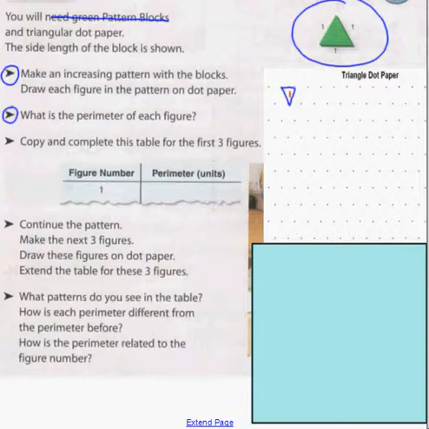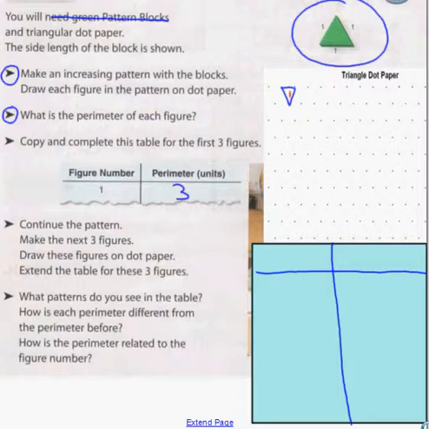So if we take a look at our chart that they have there, you can see that for figure number 1, the perimeter is 3. Now, I'm going to move that chart over to this blue area because the one that they've shown isn't big enough, so I want to show you a bigger one.